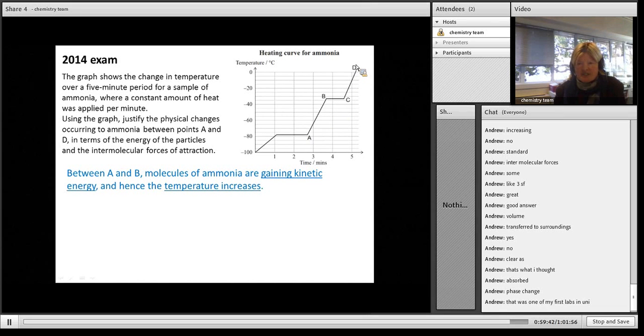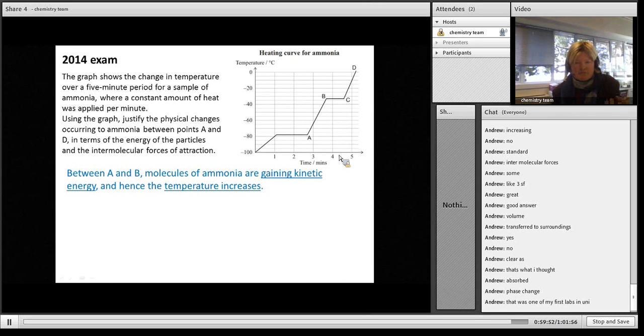Really what we're saying, as we're going from A to B, the added energy, this is in time in minutes, but remember we're heating up this, is it water? It's ammonia. So we're heating up this container of ammonia. Over time, what's happening to that heat that we're adding?